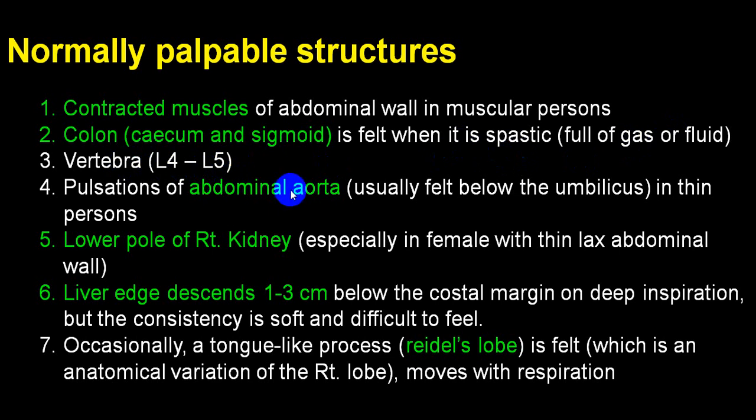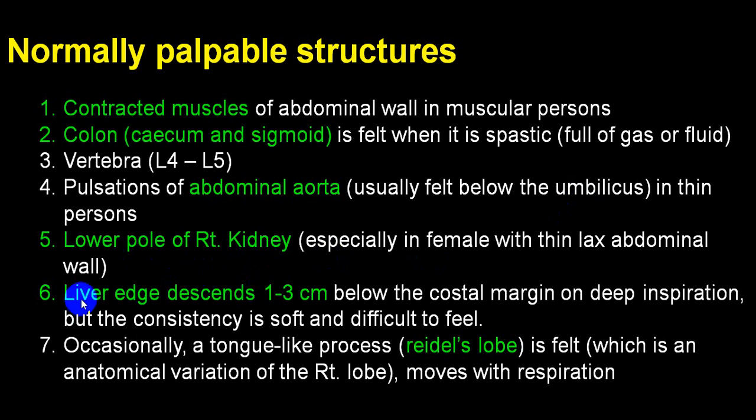Abdominal aortic pulsation may be palpable in a normal person if he is a thin-built individual, and it will be felt just below the umbilicus. Lower pole of right kidney may be palpable only in case of a thin-built individual.